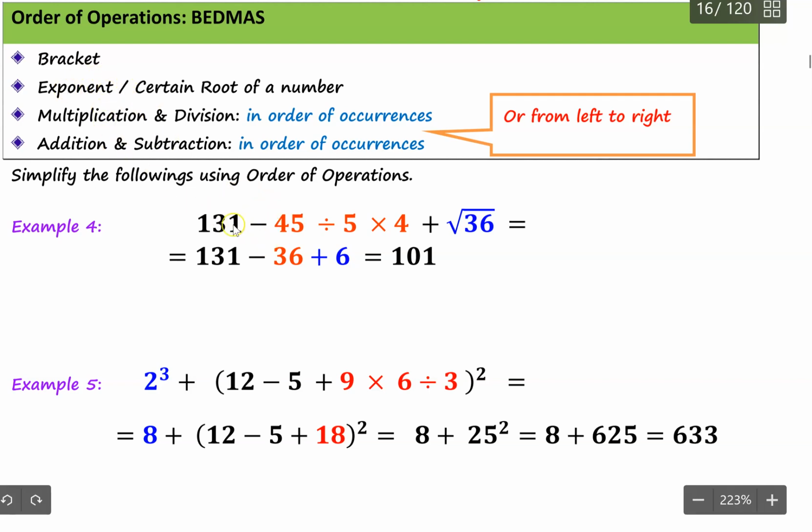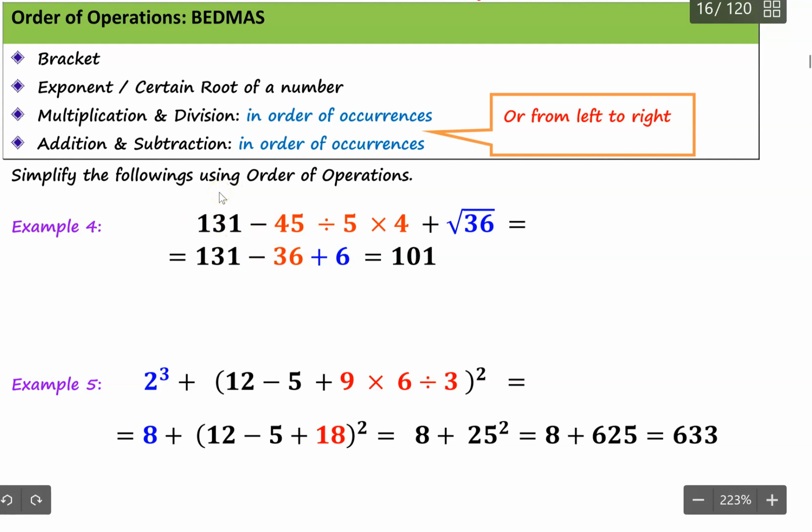We don't have exponent, but we have a square root of a number. So plus square root of 36, immediately you can take the square root of 36 and write down the number 6. The most important point here is that you have to leave 131 for now.